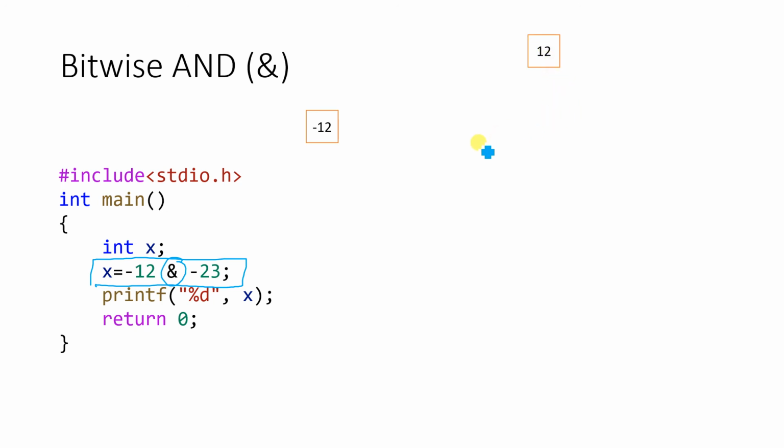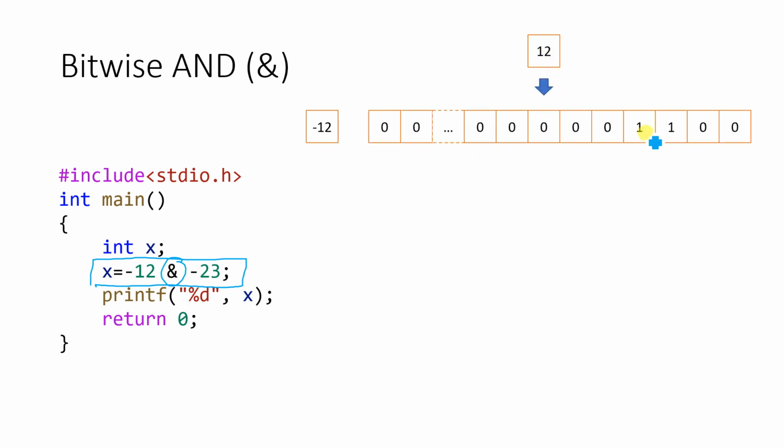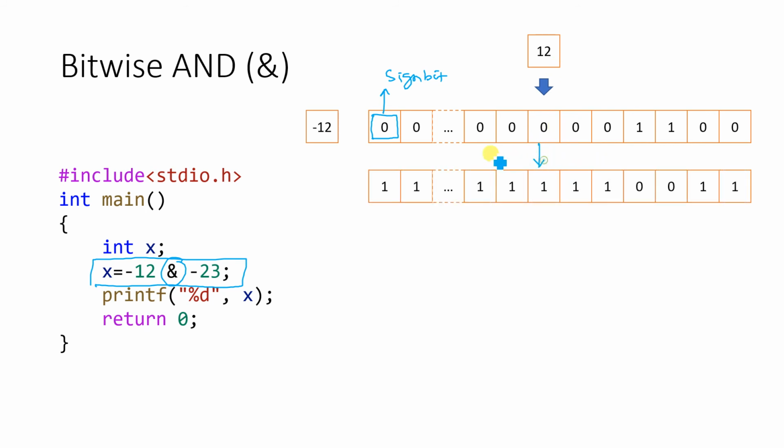Now 12 in 32-bit will be represented something like this: 1 1 0 0. The remaining bits become 0, and we know that this particular bit represents your sign bit. After getting the binary equivalent of positive 12, we will make its ones complement. So this is your ones complement.